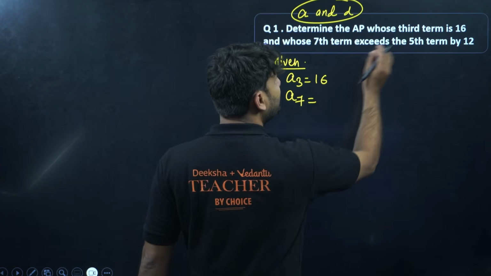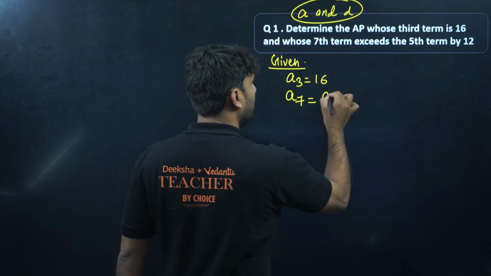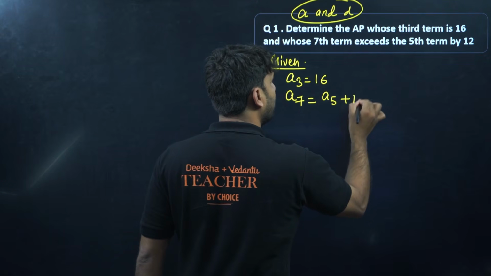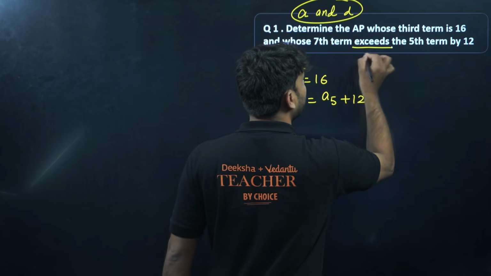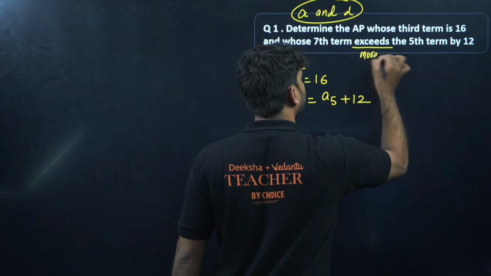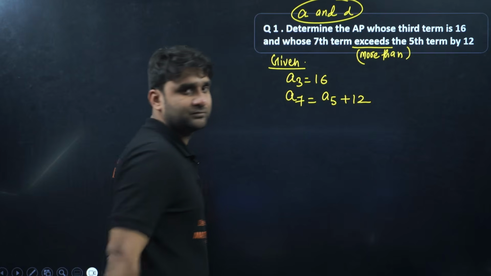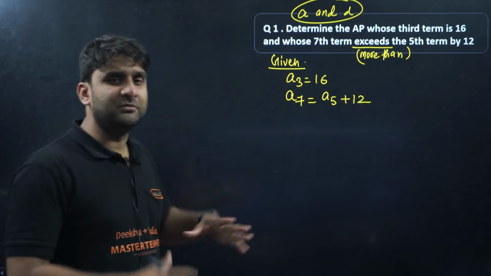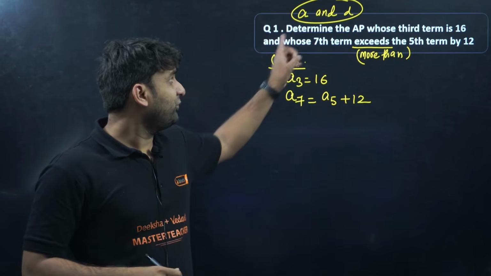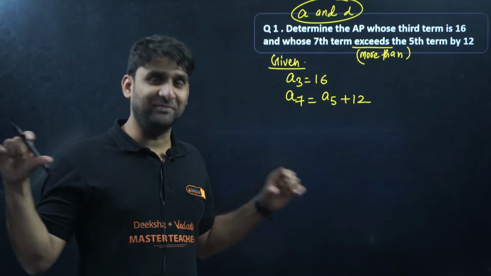So seventh term is A fifth plus 12, because this is exceeds. Exceeds means more than, and more than means add. So these two pieces of information are given to you, and what are we looking for? We are looking for an entire AP.